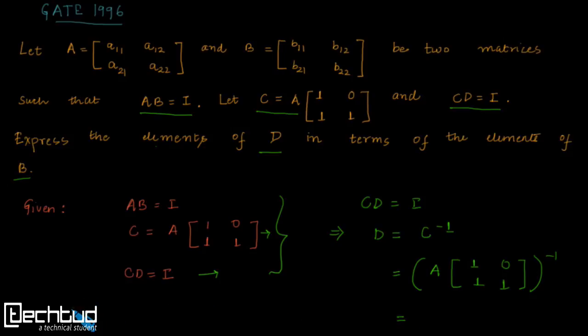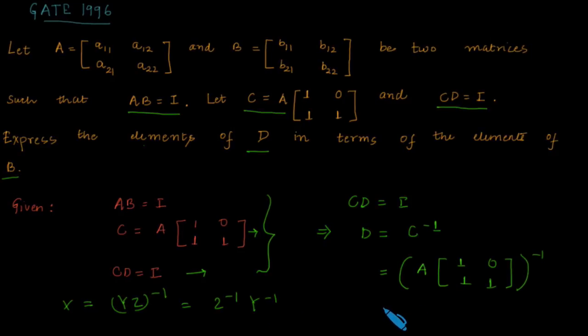Because we know that if x is equal to (yz) inverse, it can be written as z inverse times y inverse, we can write this as the inverse of the matrix [1, 0; 1, 1] multiplied by A inverse, by applying this identity. Therefore, D is equal to the inverse of the matrix [1, 0; 1, 1] multiplied by the inverse of A.